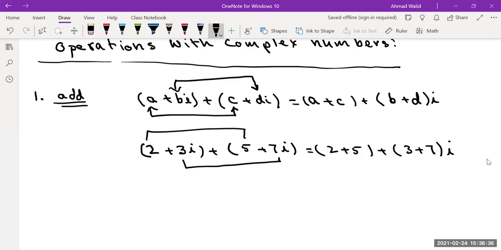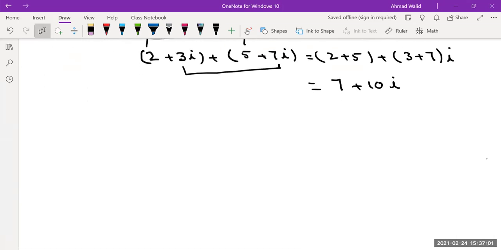Now simplify. 2 plus 5 gives you 7, plus 3 plus 7 gives you 10i. This is the professional way, or the way that the rule says, you can follow and you can answer your problem, and you can add any 2 or 3 or 4 or 5 complex numbers together.